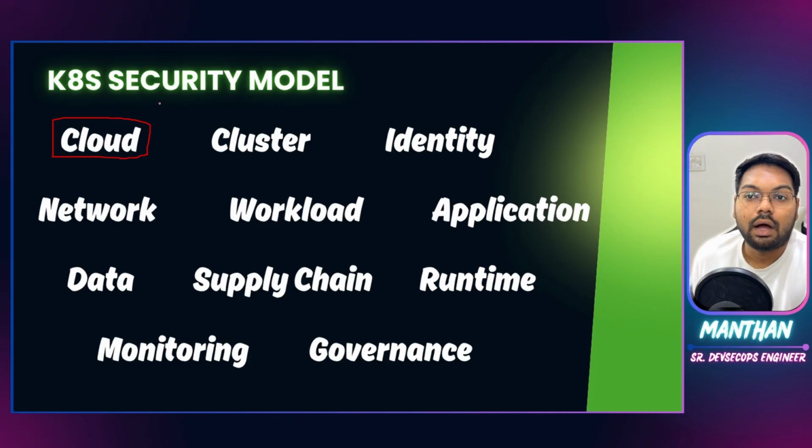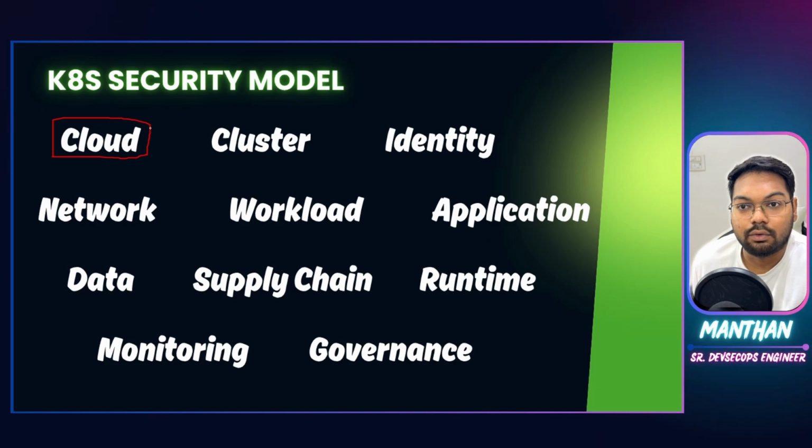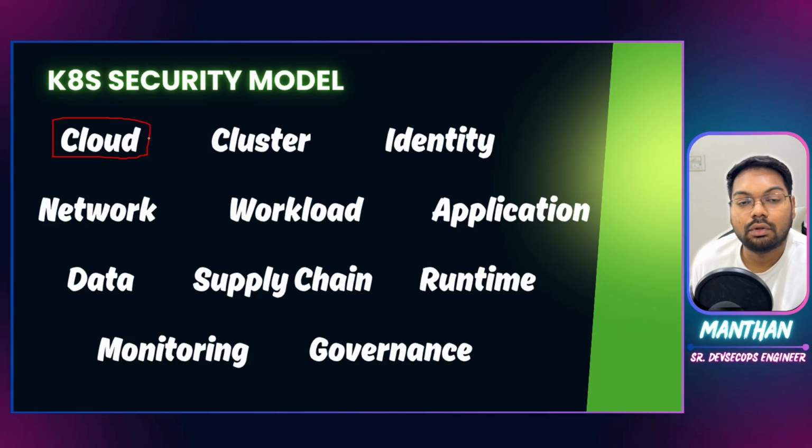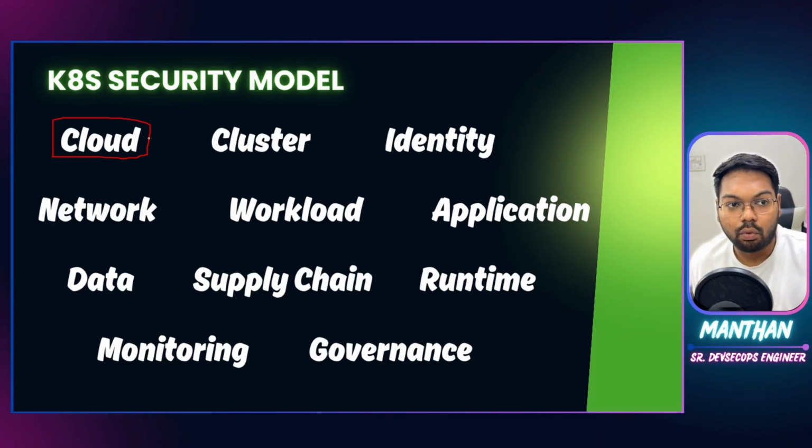So how is it secure or is it not secure? Who are the admins, what permissions do the nodes have, what IAM principals are attached to it, and what rules are applied. All of these things come under the security of the cloud.